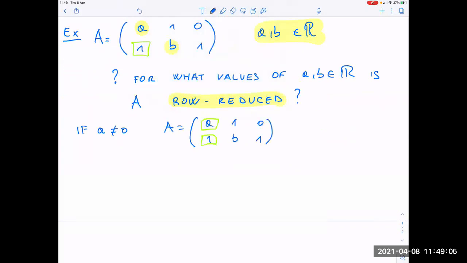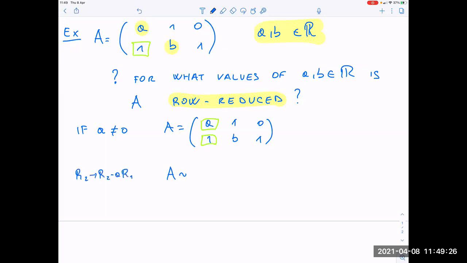Since I have two markers in the first row, I have to proceed and apply elementary row operations, for example, to get rid of some of the markers. One thing I can do is change row 2 into row 2 minus A row 1.